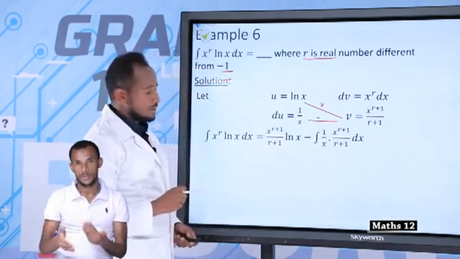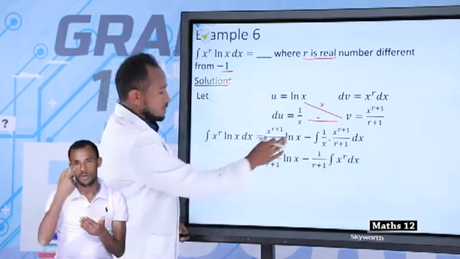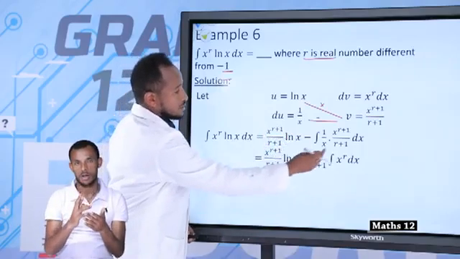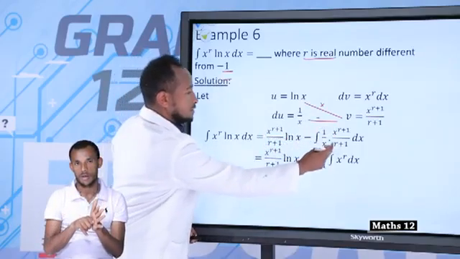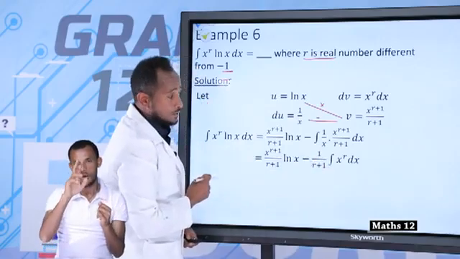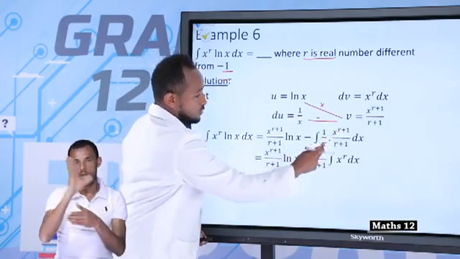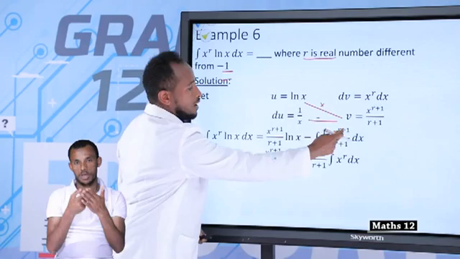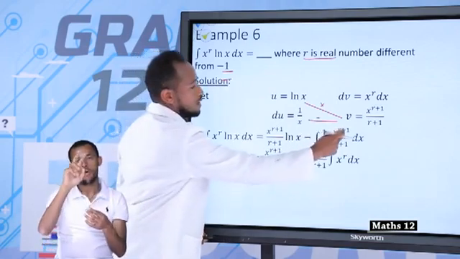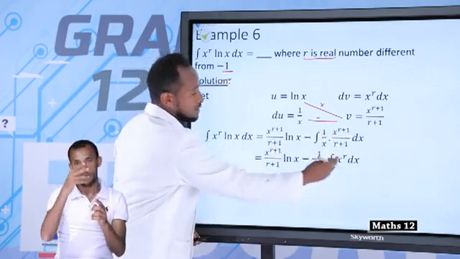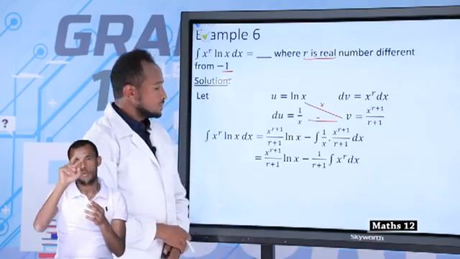So simplifying this, you'll have this as it is, minus, you can factor 1 over r plus 1 outside, and the ratio of these two, x to the power of r plus 1 over x, is x to the power of r dx.